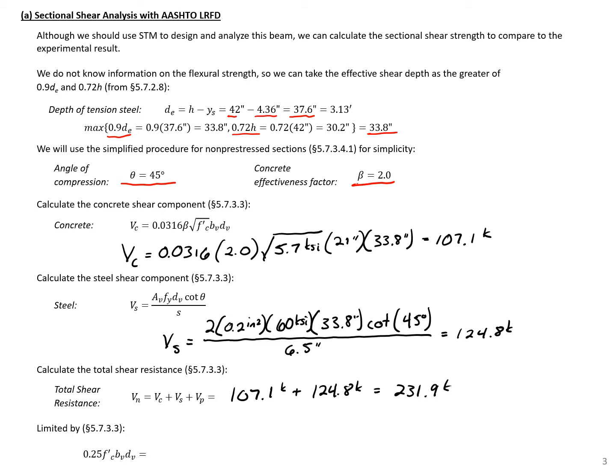And we can compare this to our limit, 0.25 times 5.7 KSI times 21 inches times 33.8 will give us a limiting value here of 1,011 kips. So we can see that our capacity VN is less than that limit, so that'll be our total shear resistance.